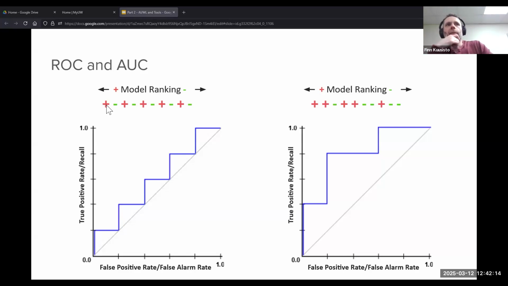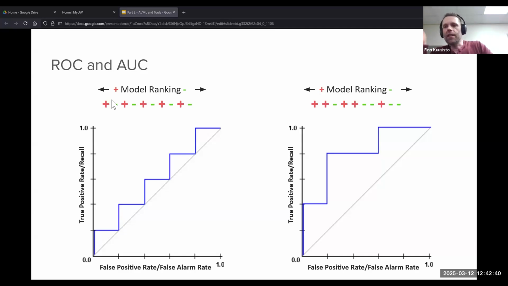Each time I move my classifier threshold, I tick it to the right through my examples, I'm capturing a new example. Let's say I set my threshold right here for my classifier. That means I called one example positive and it was positive. So that's great. There's zero false alarms, but the recall is kind of low.